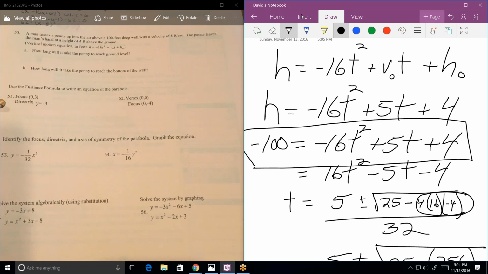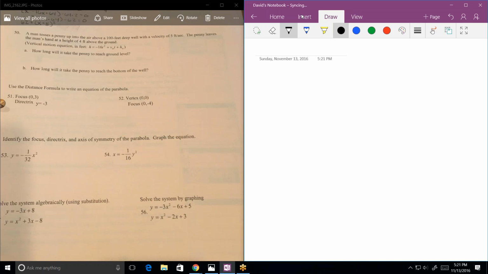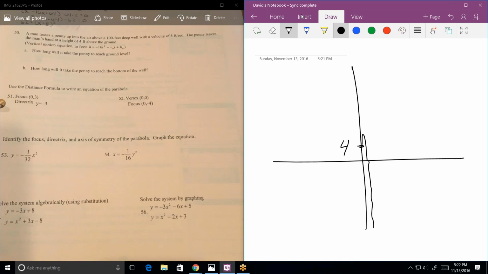Remember, when we're talking heights and parabolic motion, below the y-axis is a negative height. In this problem, here's where the penny was. It got flipped up in the air at a velocity of 5 feet per second, came down, and they wanted to know when it hits the ground level. And then they wanted to know when it hit the bottom of the well, which is minus 100.